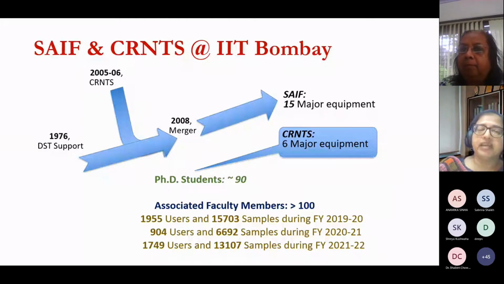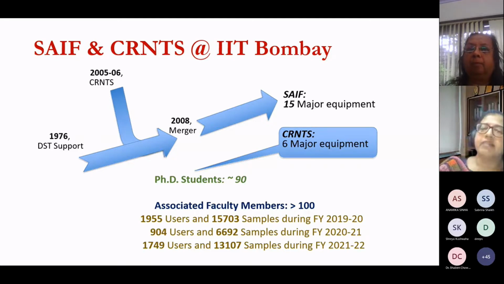Subsequently, we had the Center for Research in Nanotechnology and Science that was set up in 2005-06. After that, the two were merged. So now we have SAIF and CRNTS jointly operating at IIT Bombay.